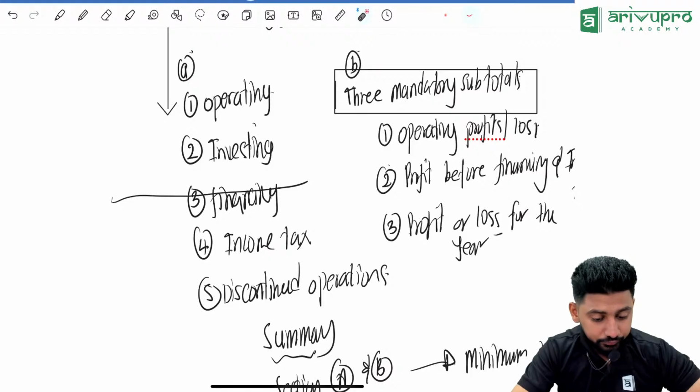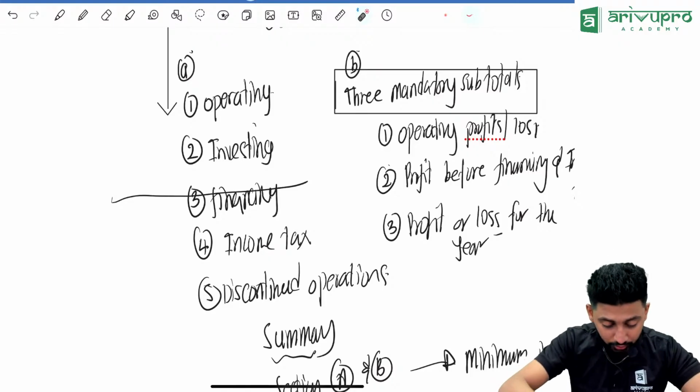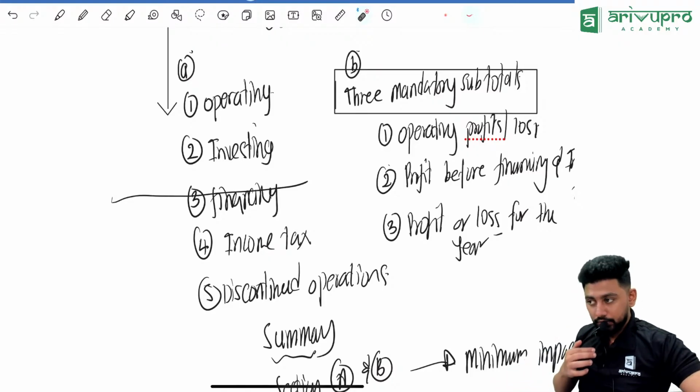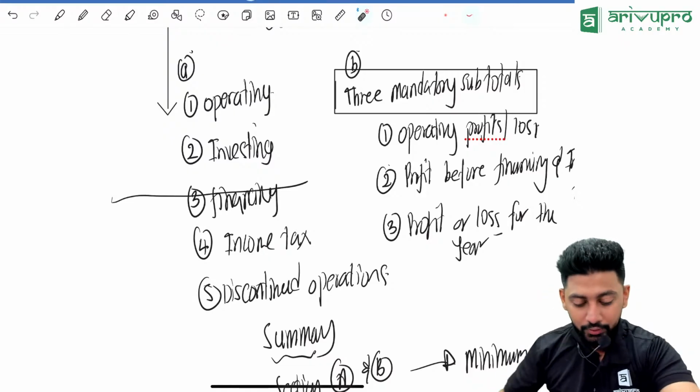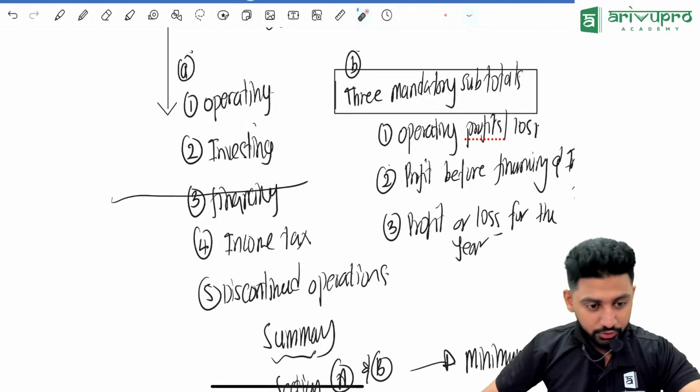Okay, so there is a template. Let me quickly take you through the template also. So how will the new template look like? This is how it's going to look.